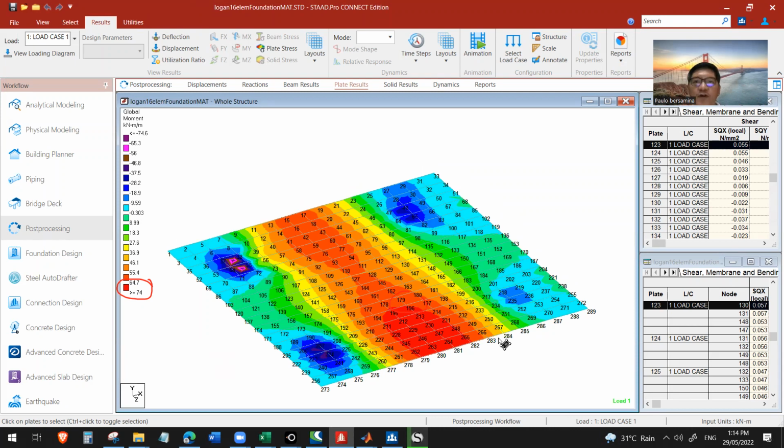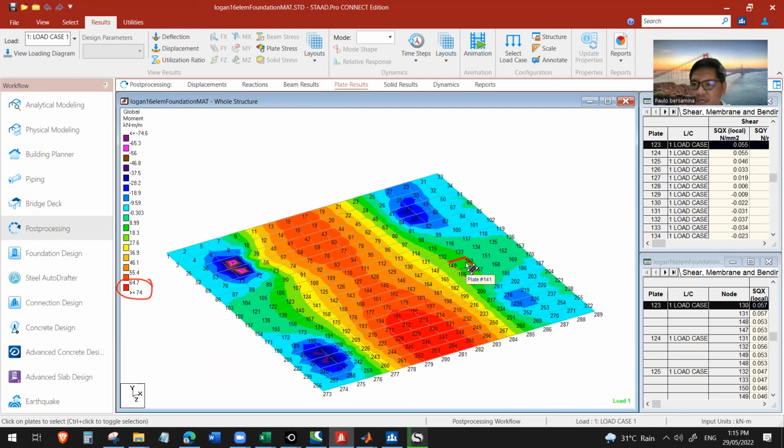Nagiging ano lang talaga, in terms of software, it's more on creating a convenient applying of load, no, convenient post-processing, no? But the main idea of this course is the computation, no? The theoretical computation, no? of the FEM, no?